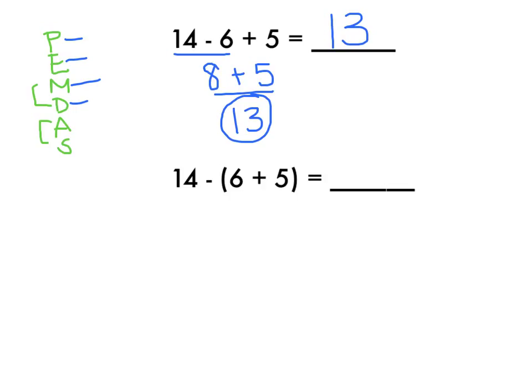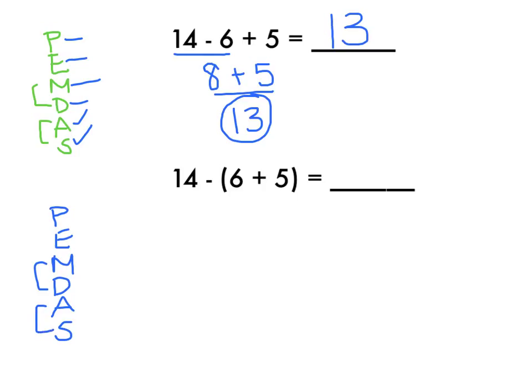Now, I want us to look at the next problem. It has the same digits, but this time there's parentheses involved, so I'm wondering if that's going to change the outcome of our answer. So let's try solving this problem. Again, I'm going to make my PEMDAS checklist.